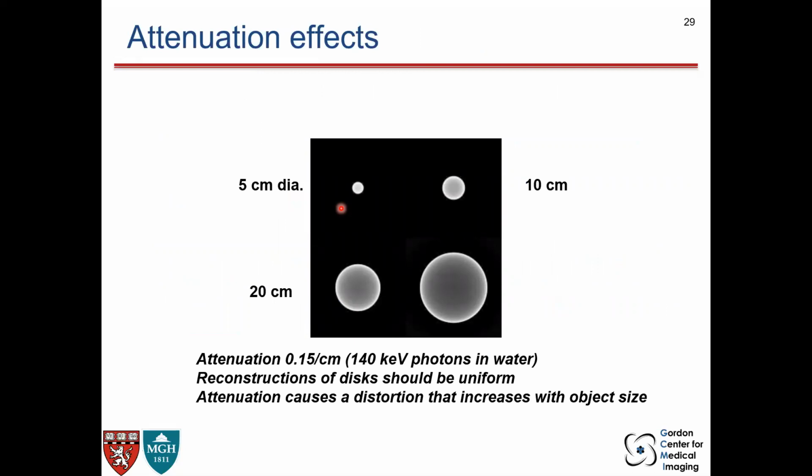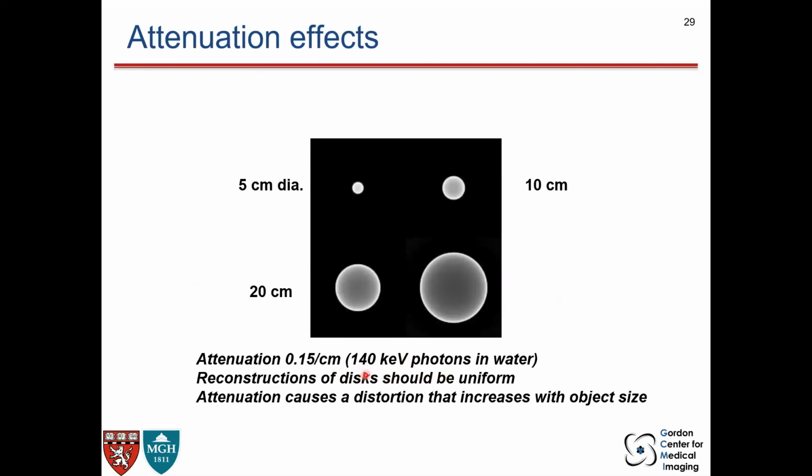And another factor that is important for SPECT and gamma camera is attenuation effect. Typically, for attenuation due to water, since we say a human body is mainly made of water, we apply 0.15 per centimeter for 140 keV photons.